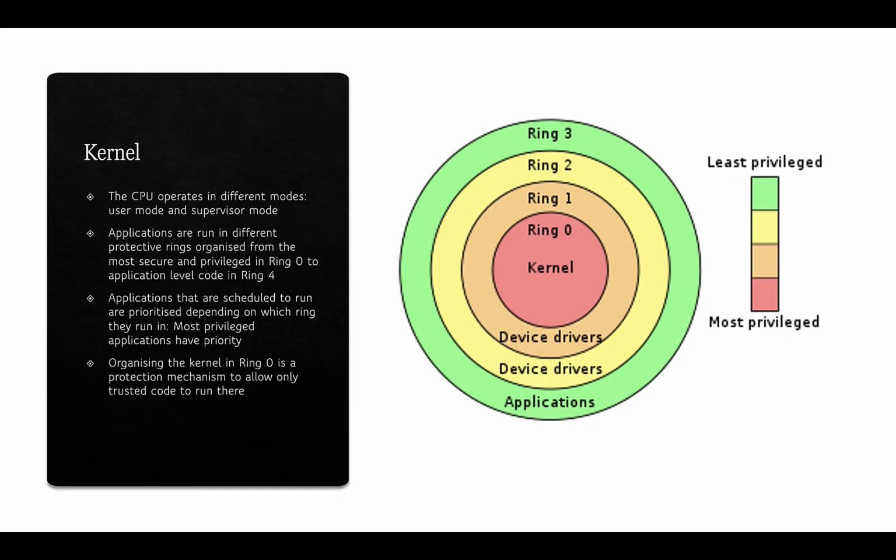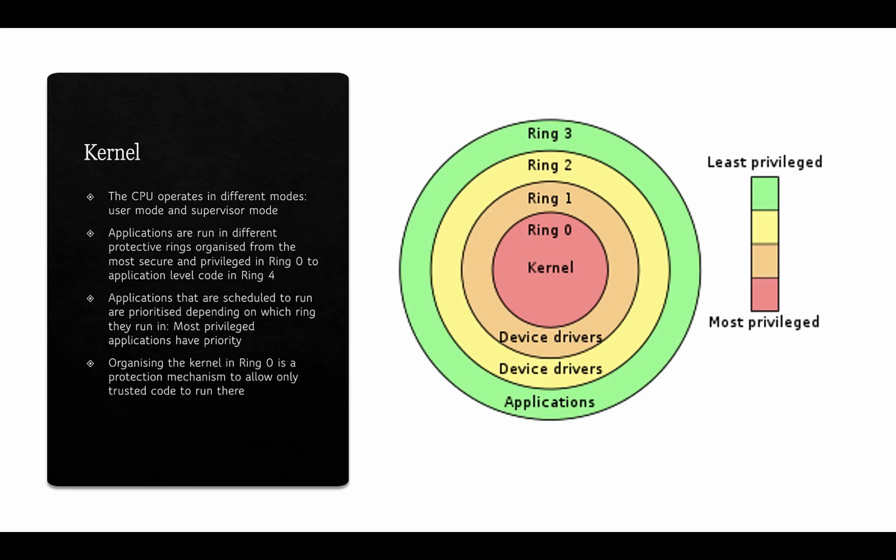Organizing the kernel in ring 0 is a protection mechanism to allow only trusted code to run there. So essentially, you can see on the right the diagram there. We've got the operating system, which is essentially operating in multiple rings, rings 0, 1, and 2, because the device drivers can be considered part of the operating system. But the kernel, the basic privileged mode functions of the operating system, run in ring 0, and they're protected from applications that run in the outer ring.